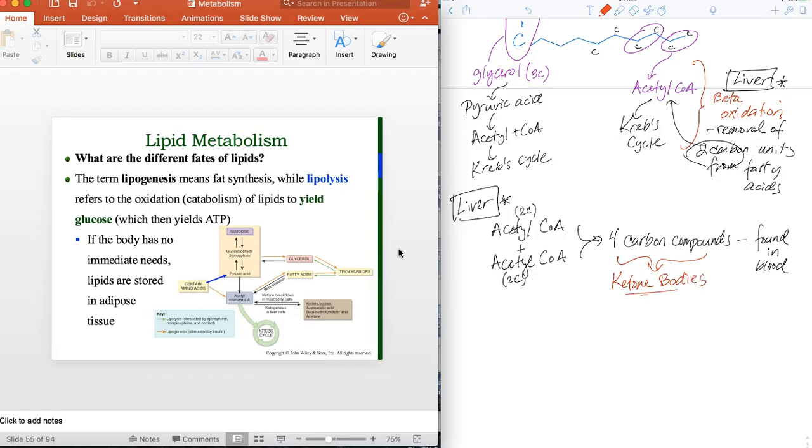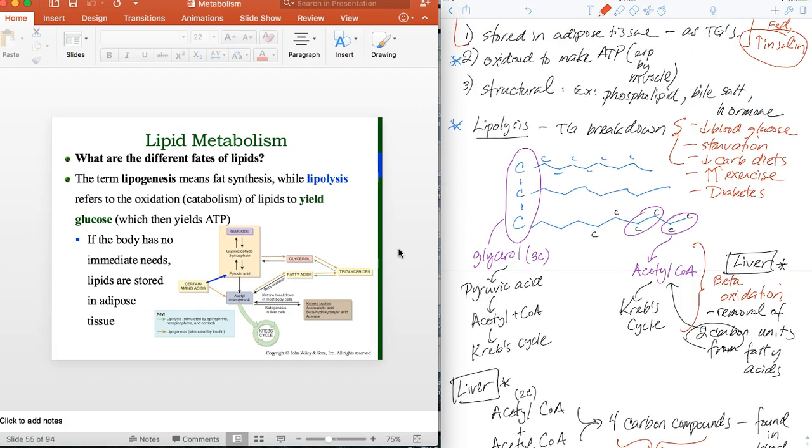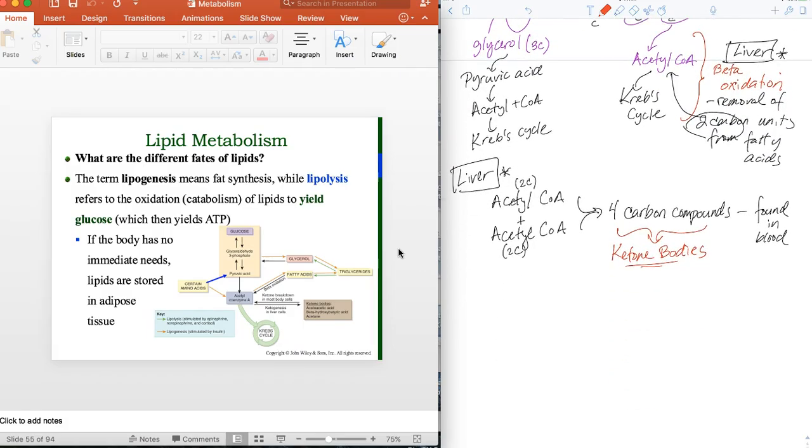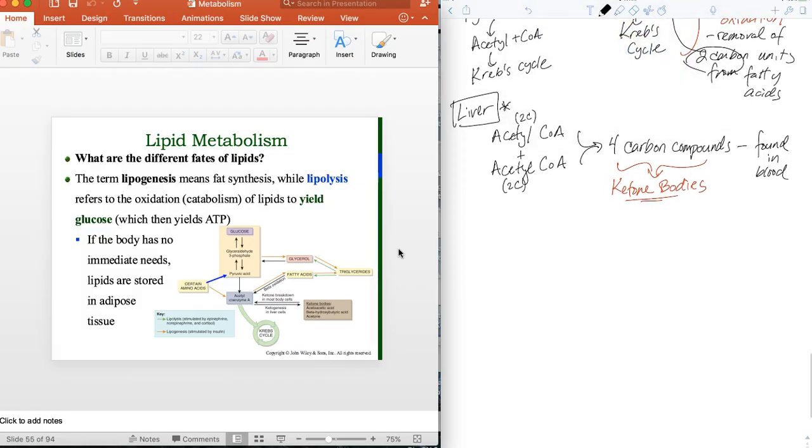Ketone bodies can also then be found in the blood, and they can be evidence that a person is breaking down lipids. And again, why would they be breaking down lipids? Right? These are some of the things that we talked about. That can be a reason why lipids are being used as an energy source. Are there examples of these ketone bodies?